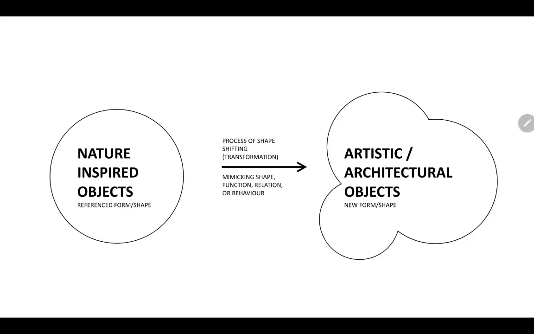For example, if you have some inspiration taken from nature in the form of a flower, you may think about how to transform this flower into some form of architectural object or art.